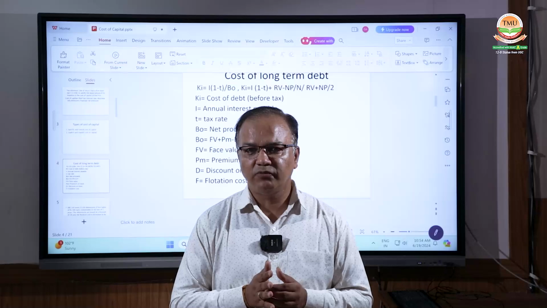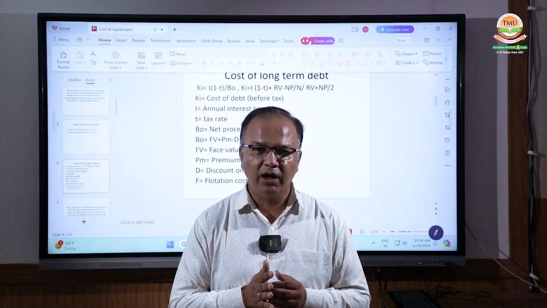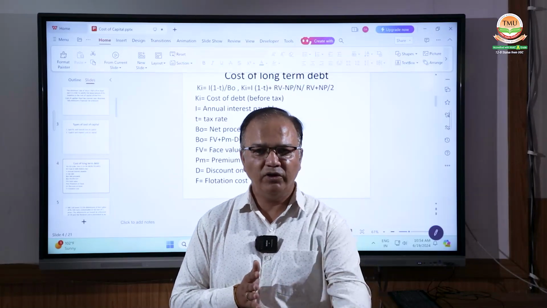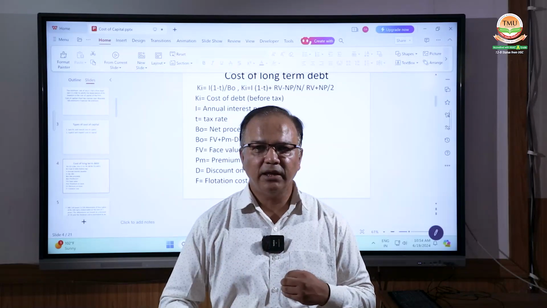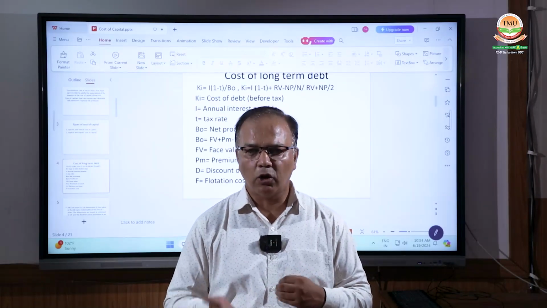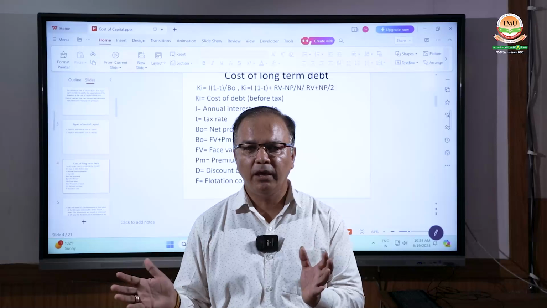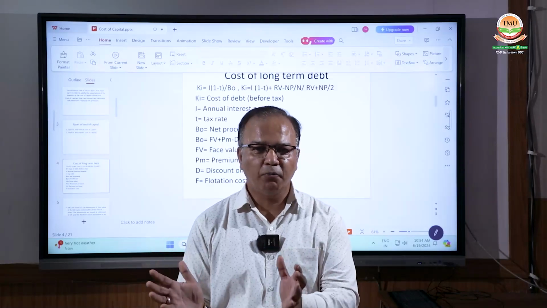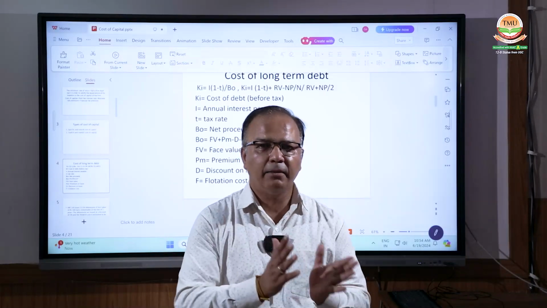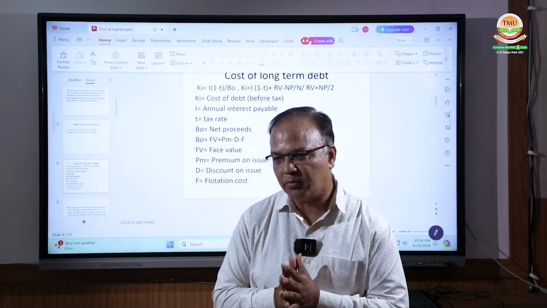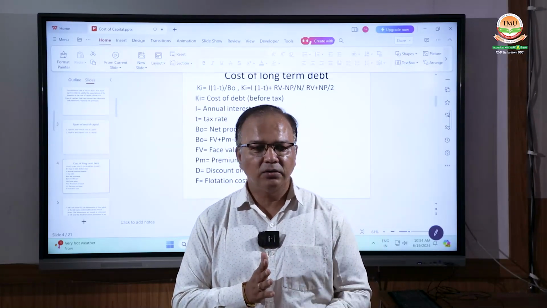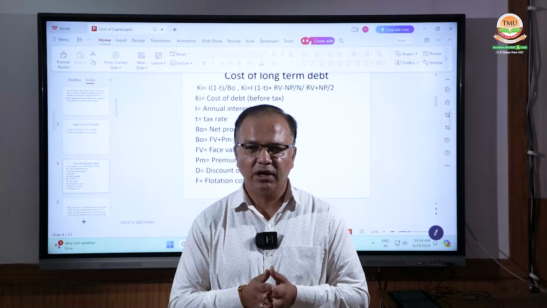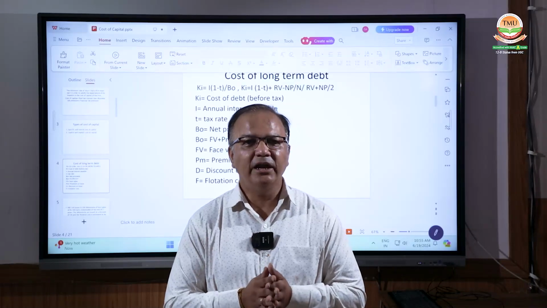These are the examples of irredeemable debt where we take the fund and we pay equal monthly installments. We are not paying the amount of principal at completion of the stage. You can take the example of housing loan, car loan, and these types of personal loans, all are examples of irredeemable debt.